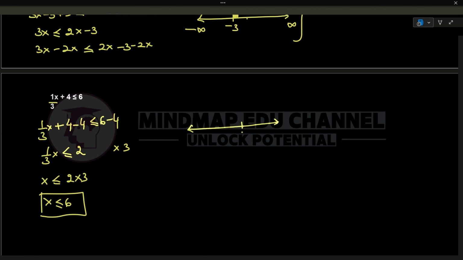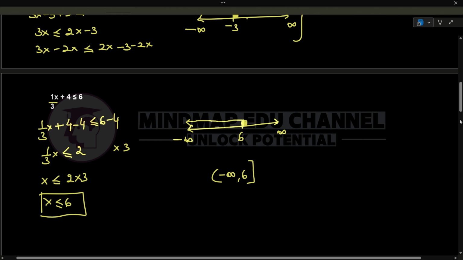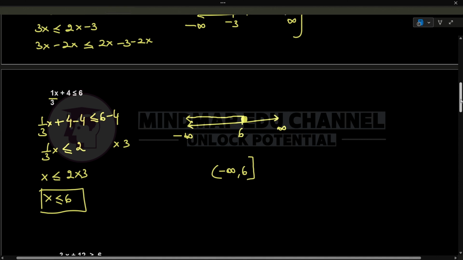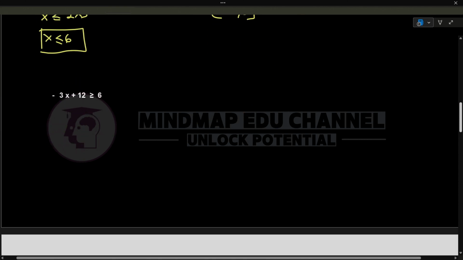Here is 6, minus infinity to plus infinity, and here it will be a closed circle because the equal to sign is there and x is less than, so it will be towards minus infinity. So, in interval notation, it will be from minus infinity to 6. Please be careful while marking the brackets. Clear? Okay. Let's move to the next example.